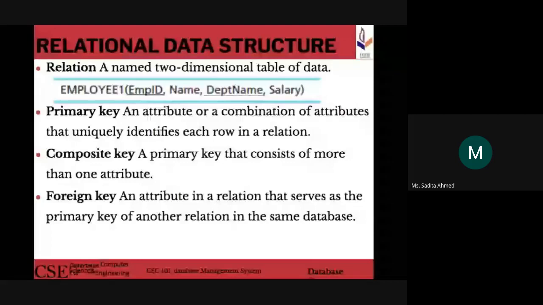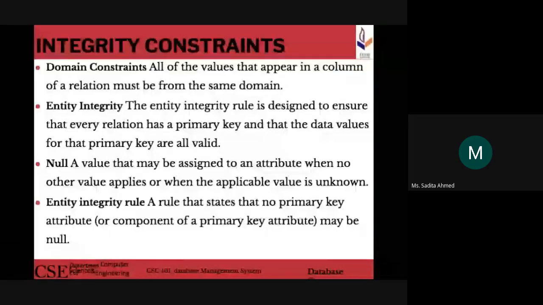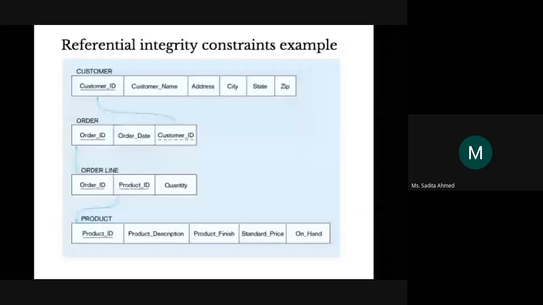It must exist in the department table under the primary key column, whichever it may be, or it should be null. A random value cannot be placed in a foreign key. That is the referential integrity constraint that must be in place.